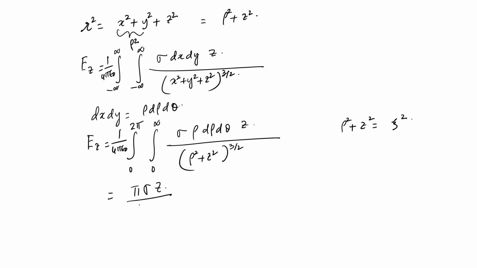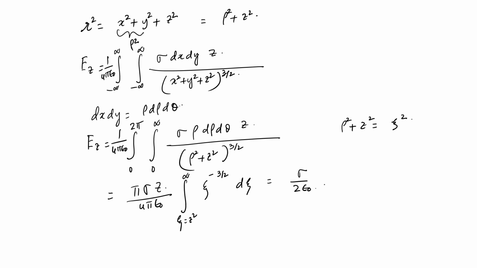So, it is 1 over 4 pi epsilon 0, and we have this integral from zeta equal to z squared to infinity of z zeta to the power minus 3 by 2 d zeta, and this is equal to a constant which is sigma over 2 epsilon 0.